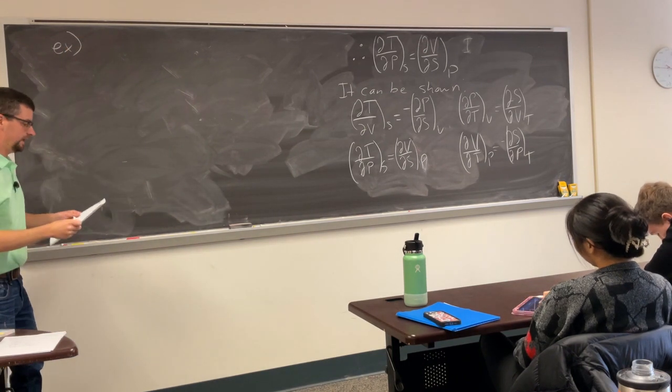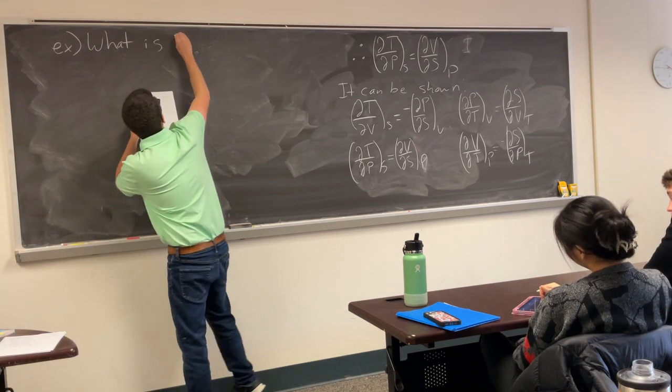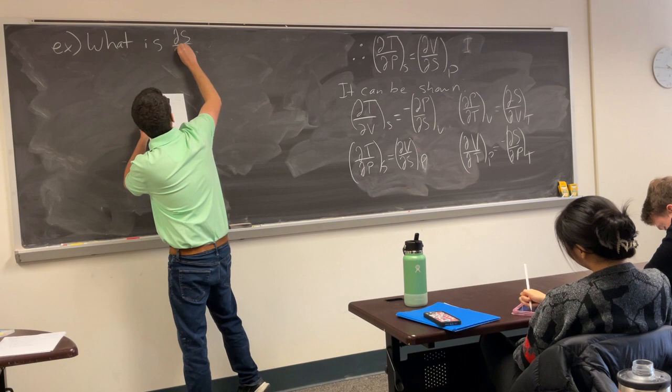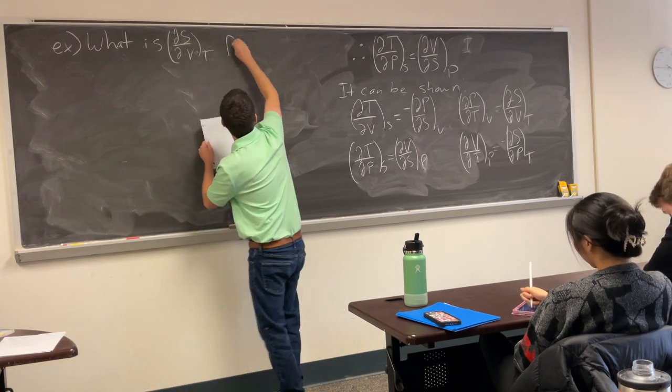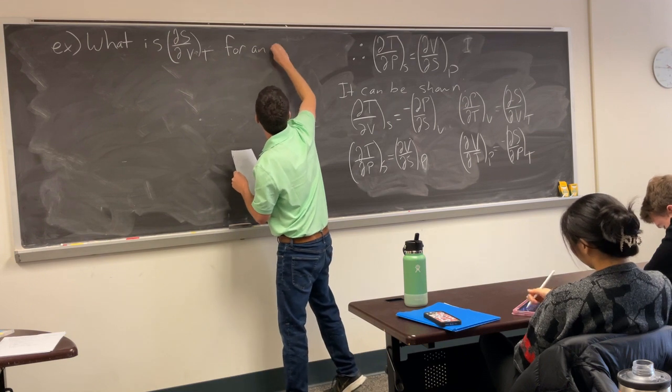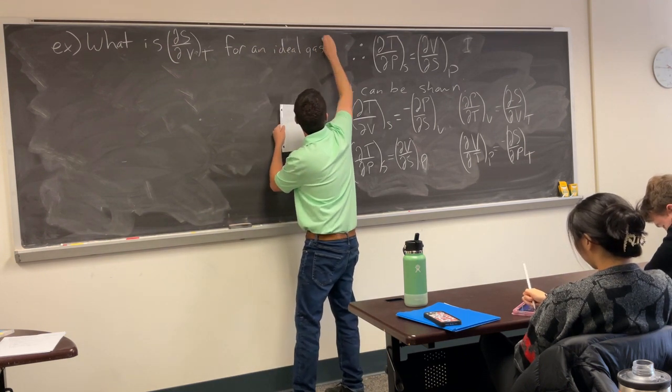So to show its utility, we're going to ask, what is partial of entropy with respect to volume, holding temperature constant, for an ideal gas?